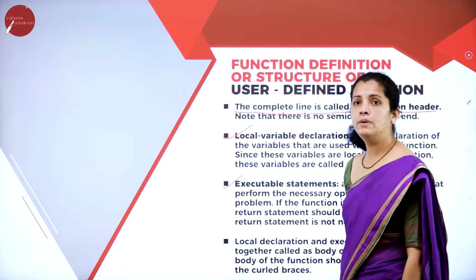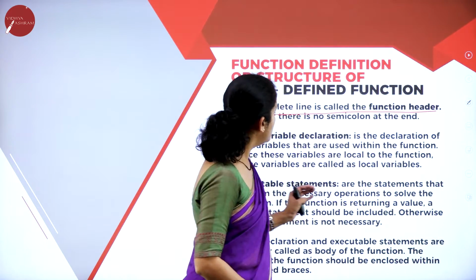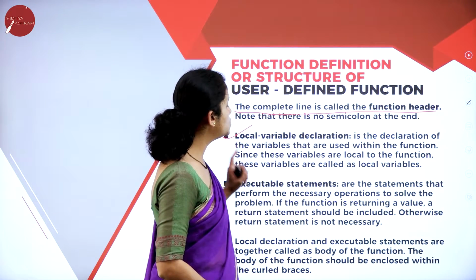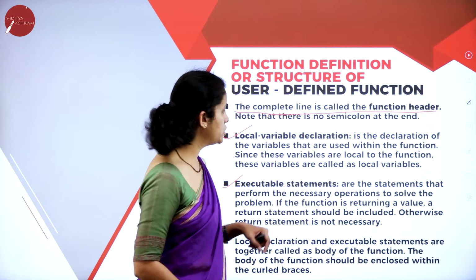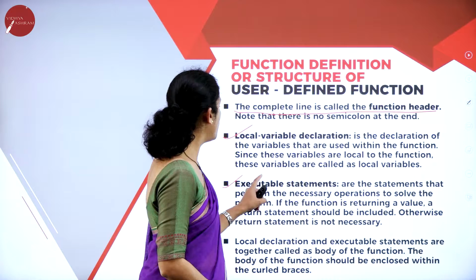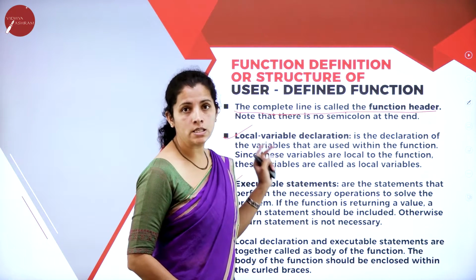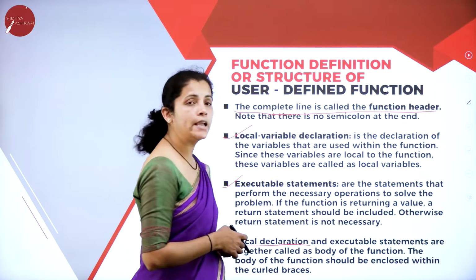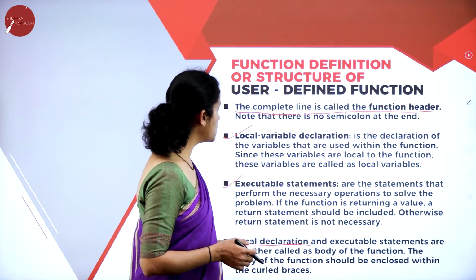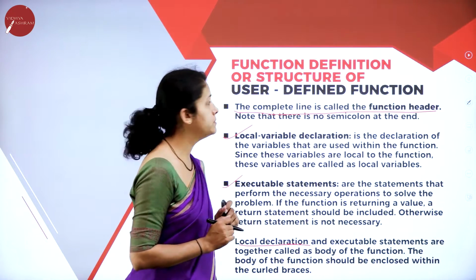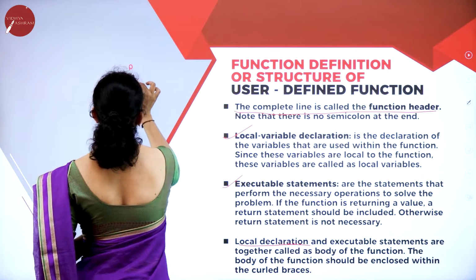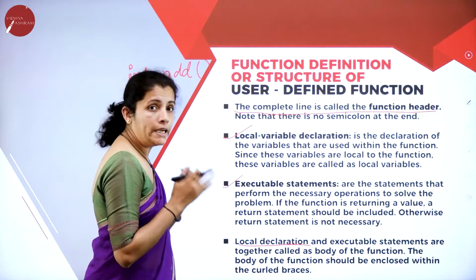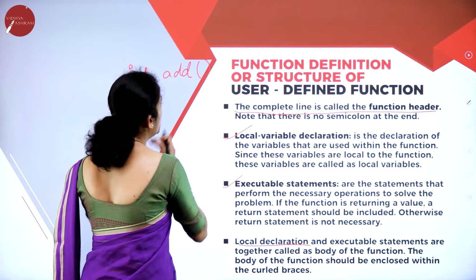And executable statement. Here executable statements are nothing but the statements that are used to perform necessary operations, and the scope of the executable statement is once again within the function. Now local declaration and executable statements together are called the body of the function. For example, int as the return type, now add as the function, and it does not receive any value.